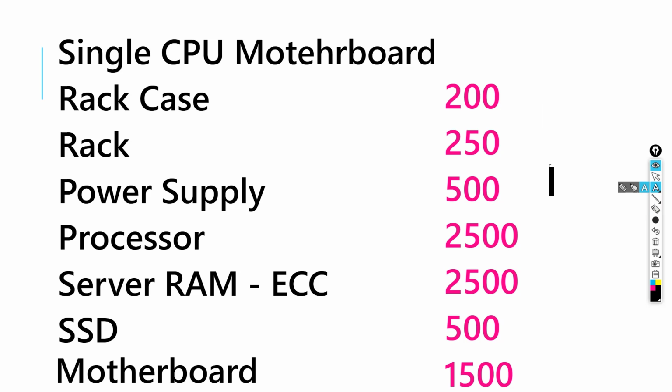So here 200 plus 500, $700. 700 plus 5,000, so it's $5,700 plus $2,000. So around $7,700 we are simply paying for the basic configuration, which I'm not sure will be capable of bearing 1 lakh users. So $7,700.